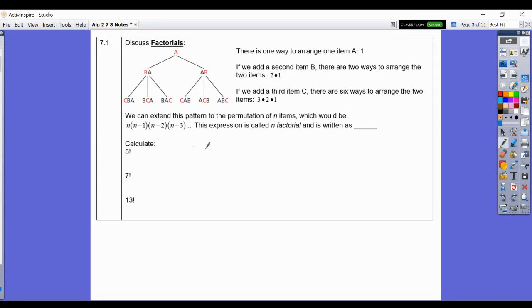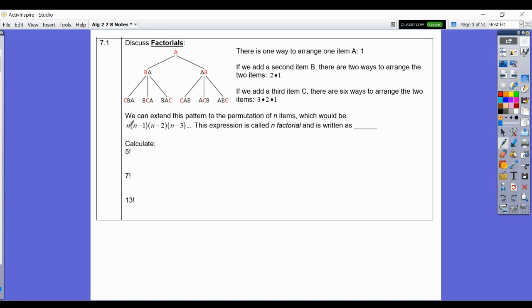And if you add a 3rd item, like ABC here in the example, you can have 6 different ways, because there's 3 options for the first letter, and then one of them's been used. So there's only 2 options left for the second letter, and then one of those has been used, and now there's only 1 option left for this last spot. So you can go 3 times 2 times 1 and get your answer.